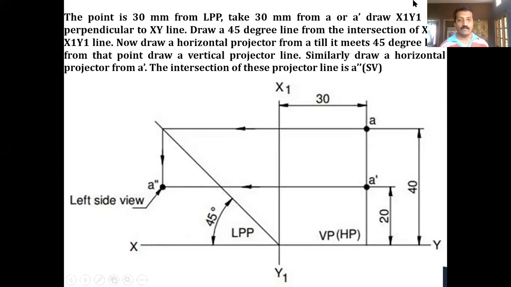Afterwards I'll give the introduction to projection of straight lines today. Tomorrow I'll start a few examples on straight lines. Any doubts, either for today's class or the entire projection of points? You can post it here so that I can address it. For others also it may be helpful.